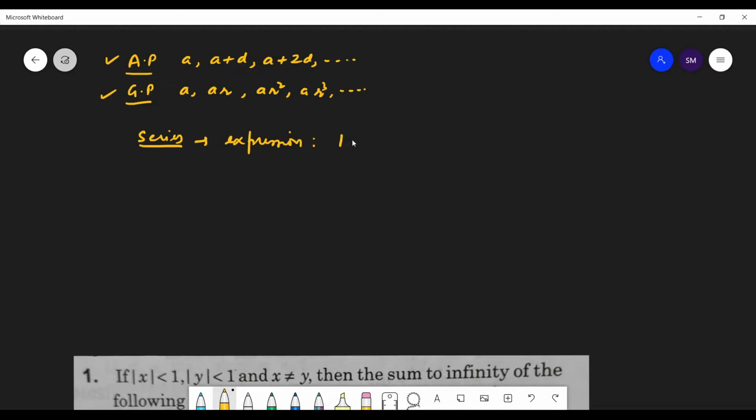Suppose the terms are 1, 2, 4, 8, 16. So these are the terms. So what will be the series? This is GP. Series will be this expression. This is series.